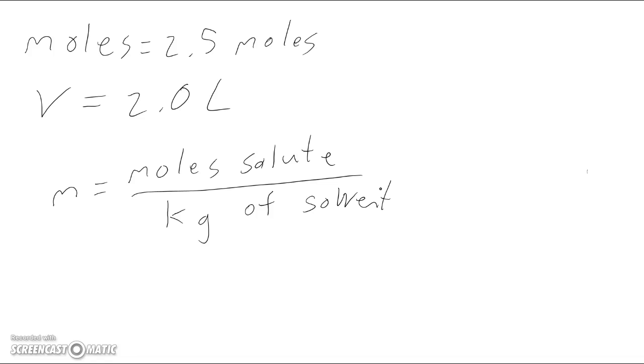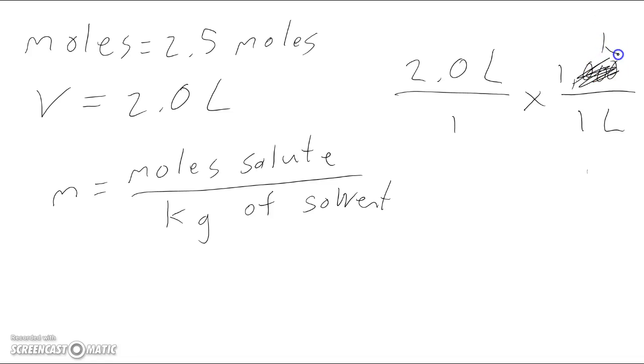And liters is not kilograms, but we do know the conversion. 2.0 liters, and we know that our conversion is that in every 1 liter, there's 1,000 grams, or 1 kilogram. Let's leave it in kilograms since that's our SI unit.